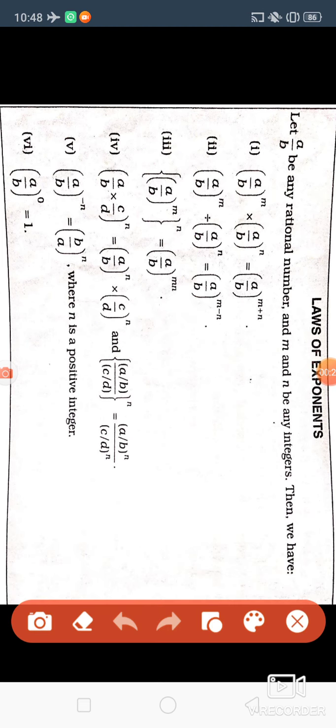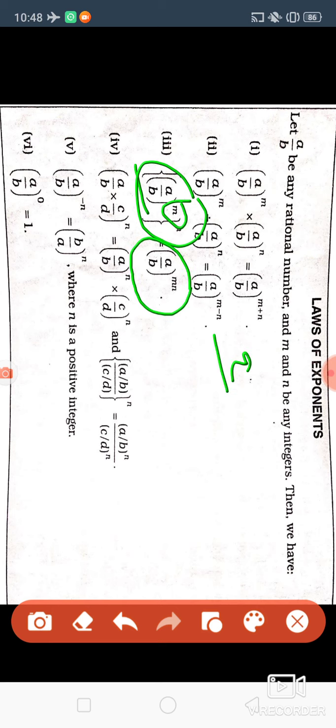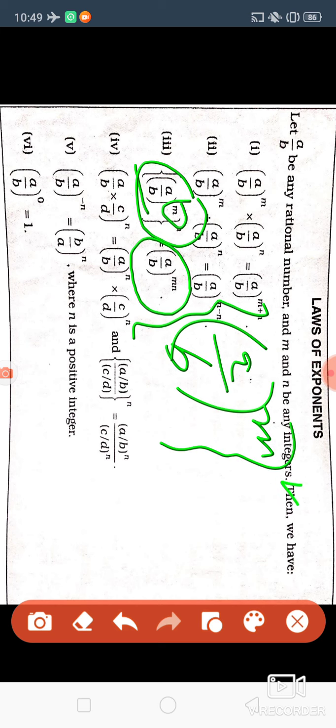So now what is given here? (a/b)^m and whole to the power n is becoming (a/b) to the power m into n. It's written (a/b) to the power m, exponent is m, and exponent upon exponent we are getting.